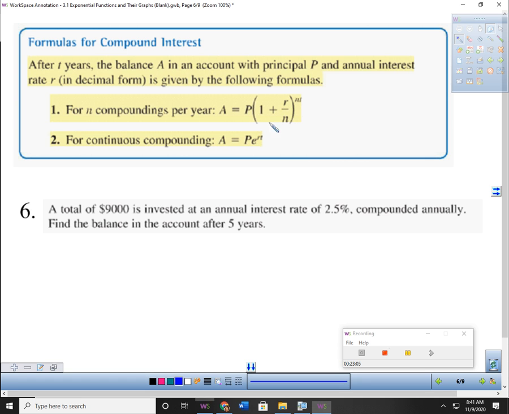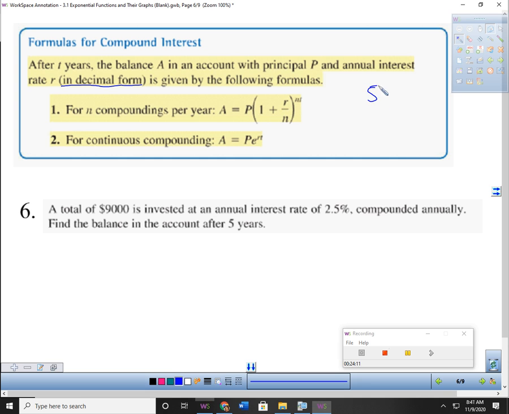All right. This is for continuous compounding interest, also known as PERT, because it's P times E to the RT. So the T represents the years. A represents how much money you have in your account at any given time. P represents principal, which is your original amount, and r is your annual interest rate in decimal form.